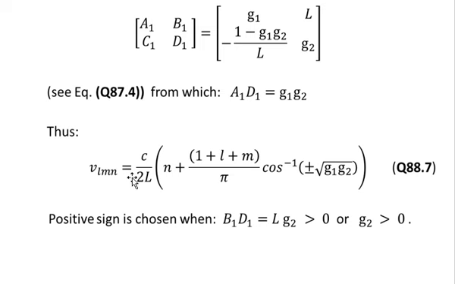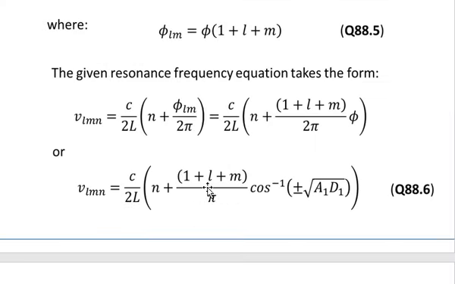So you see that we have represented our resonance frequencies in different expressions. Here we have given the expression in terms of phi. Here we have given the expression in terms of the elements of the A1, B1, C1, D1 matrices, and only two elements, A1 and D1, appear in equation number 6.